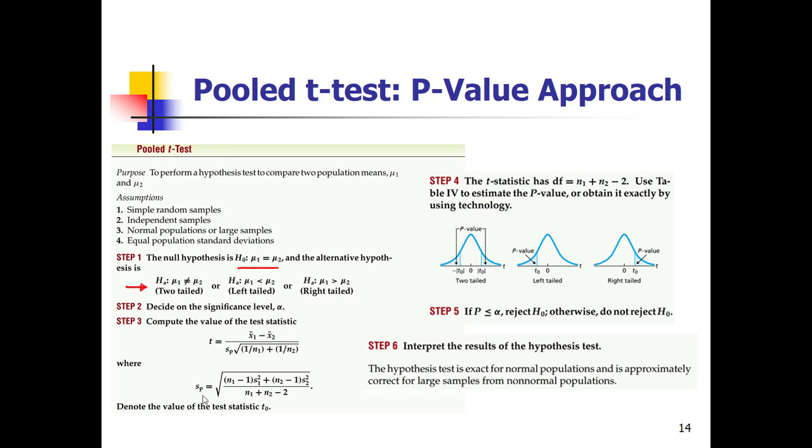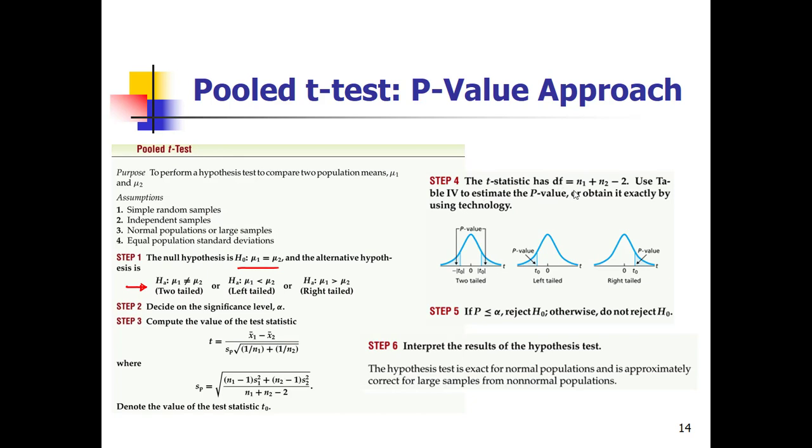We call this parameter pooled standard deviation. That is an equation, a function of the standard deviations of the two samples and the number of samples. So we calculate t. For t we need Sp, that we will find from here, and then we have to calculate the degree of freedom. Okay, now in this kind of example we look at the t table, not anymore the z table.